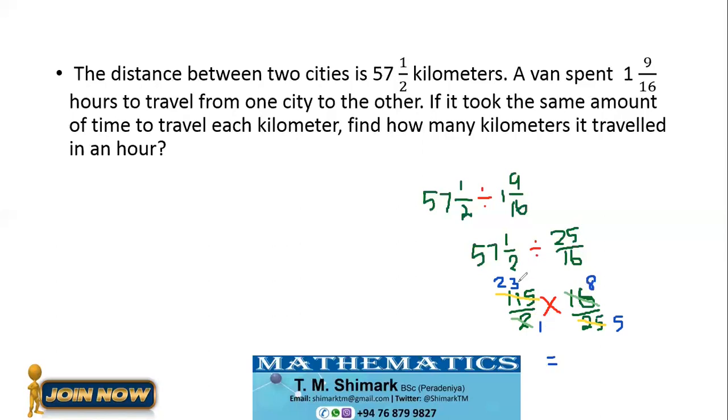23 into 8: 8 into 3 is 24, 8 into 2 is 16 plus 2 is 18. So I will get 184 by 5.